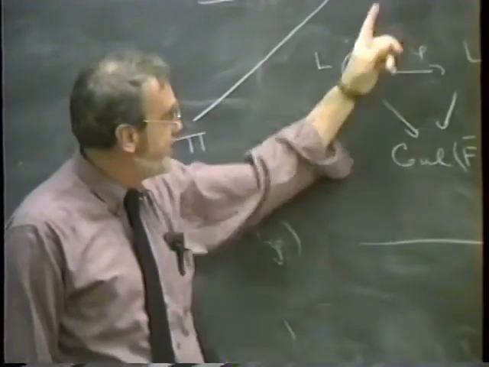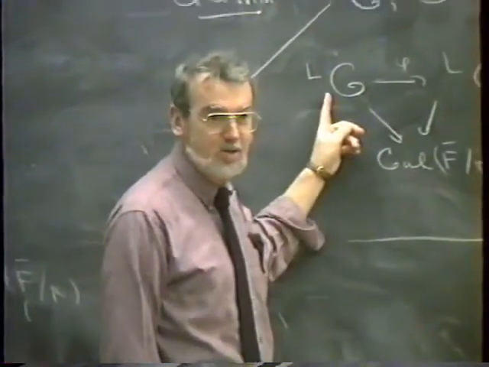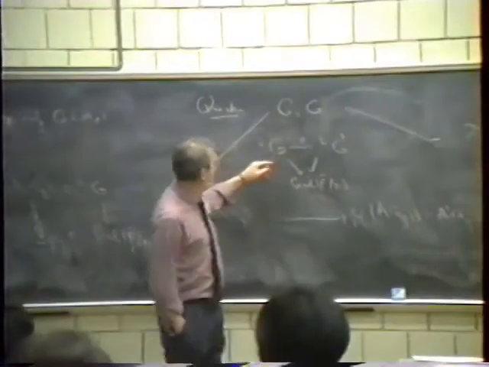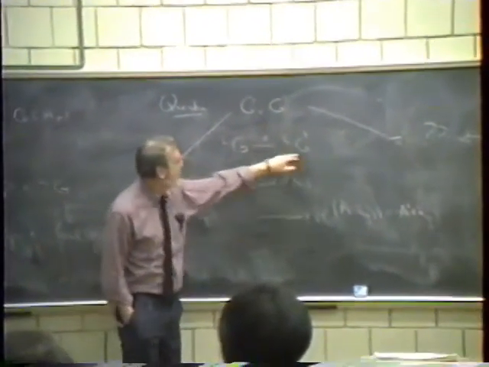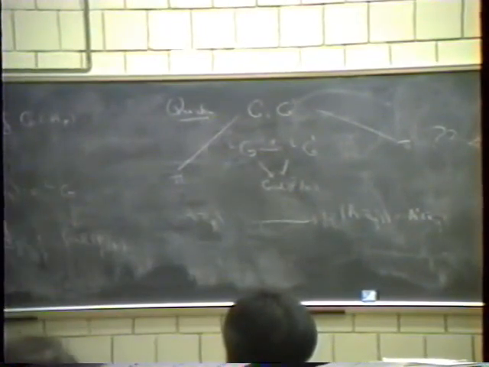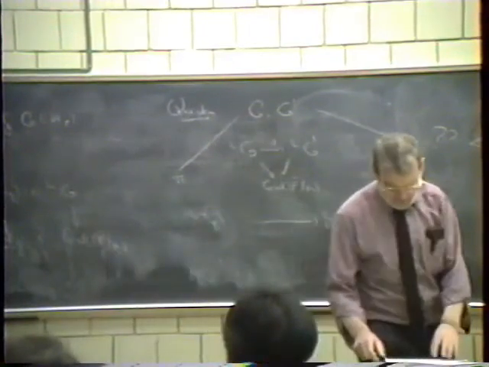Because even if G is the trivial group, its L group is not the trivial group, it's the Galois group. And so I have a homomorphism from the Galois group. So whenever I have a homomorphism from the Galois group into the L group of G prime that respects this projection, there should be an automorphic representation. That means I want a lot of automorphic representations right off the bat.